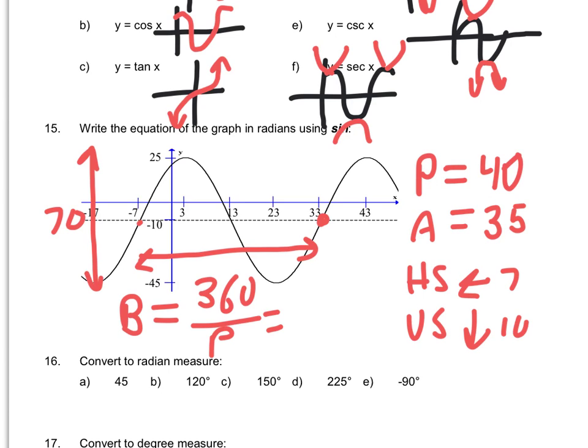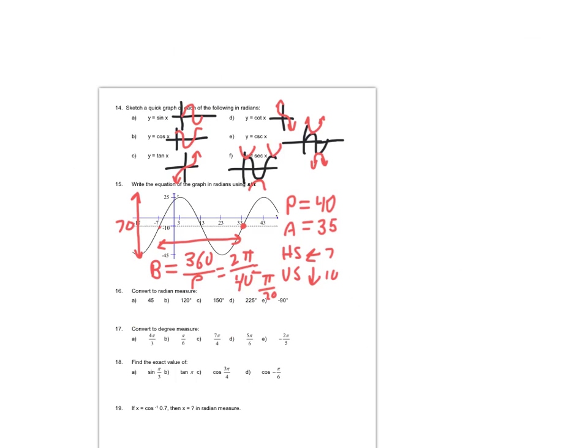Oops, the period's in radians, so that would be 2 pi divided by 40, which is pi over 20. I'm not sure I had the record going on for all of this, but the period is from here to here, which was 40.